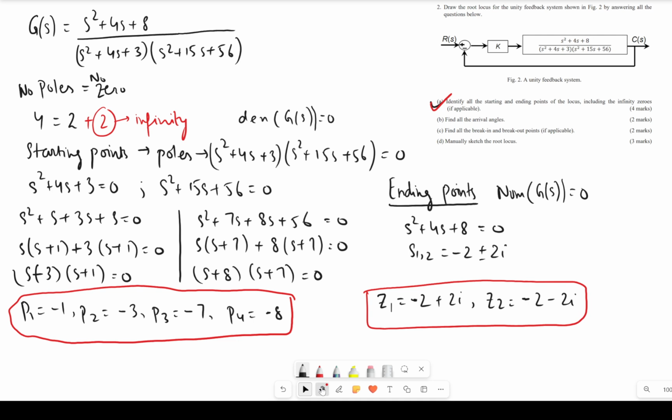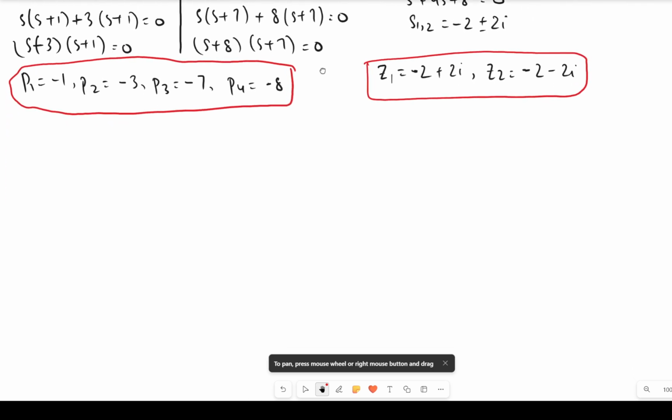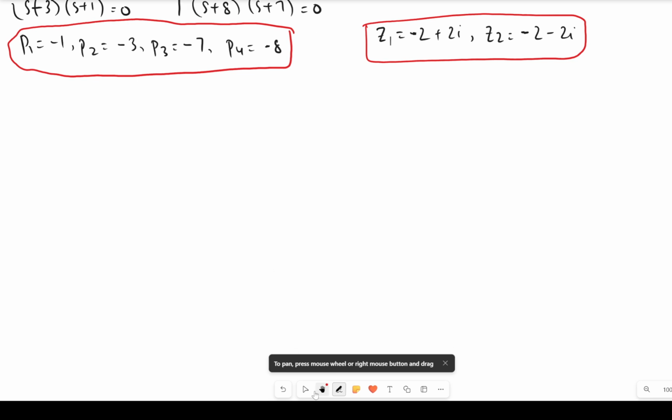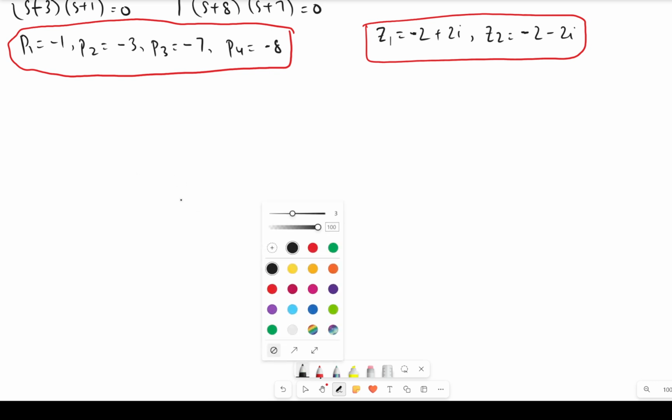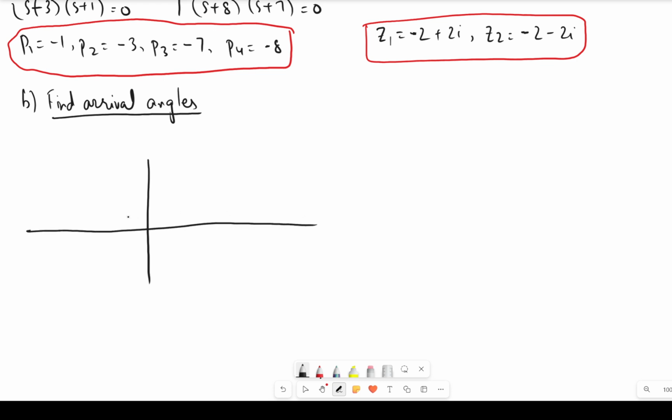Our second part is to find all the arrival angles. So I'm going to solve the second part now, part B, find arrival angles. To find arrival angles, we need to roughly plot all poles and zeros on the root locus.